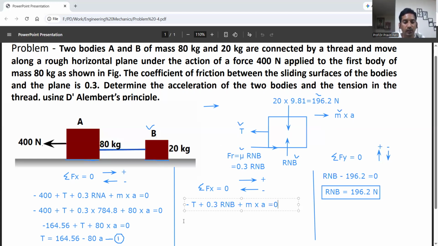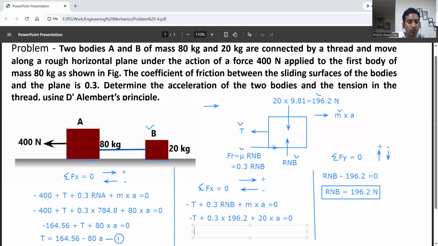So minus T plus 0.3 RnB, which is 196.2, then mass into acceleration, and the mass is 20 kg into acceleration a, is equal to 0.